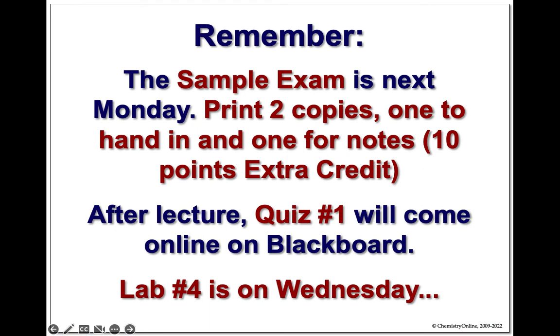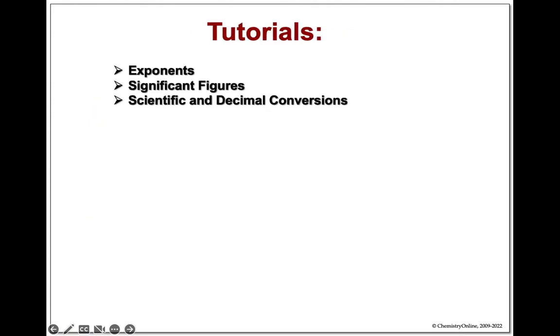After this lecture, quiz number 1 will come online magically. It's on Blackboard. It's worth 20 points. You must complete this before we take the real exam. This coming Wednesday, we will have lab number 4. We added 4 tutorials today. This is our full list.